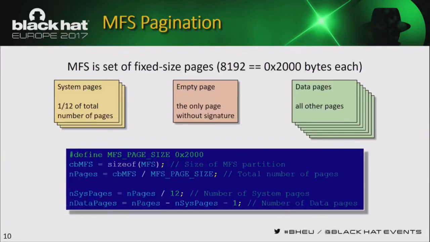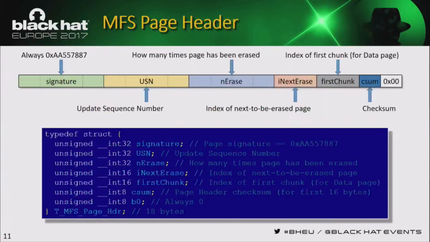And here is a definition of how to calculate the number of data and system pages. Every system and data page starts with a page header. The page header starts with a fixed signature with a fixed value, and the only page that doesn't have that value is the empty page. Then there is a very important field, USN, update sequence number.